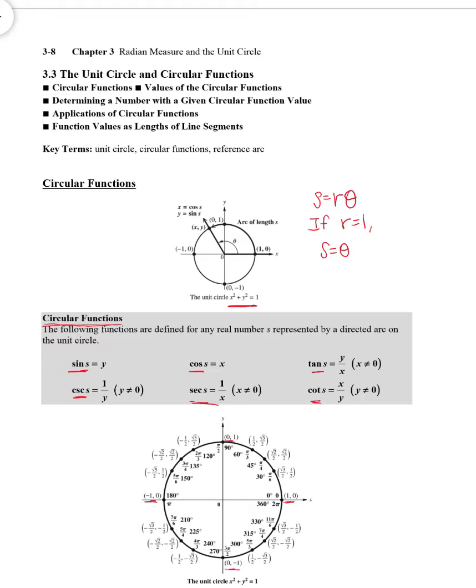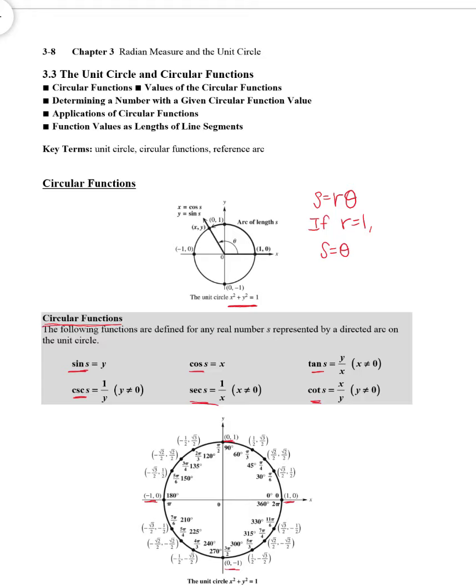We also have the special angles here. So you remember that the special angles are either multiples of 30 or multiples of 45, except for the quadrantal angles. So those are the special angles that you've seen so far. If you have other angles, up to this point, you would just use a calculator to find the trig function values. But for the special angles, we have nice numbers for our trig values.